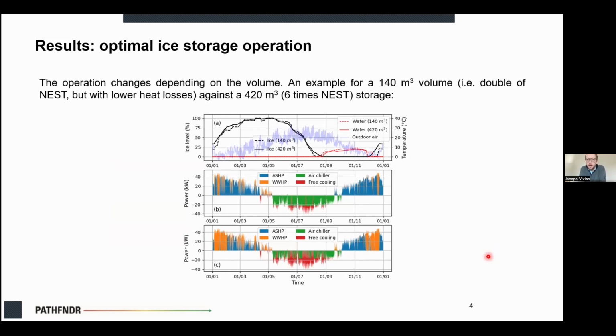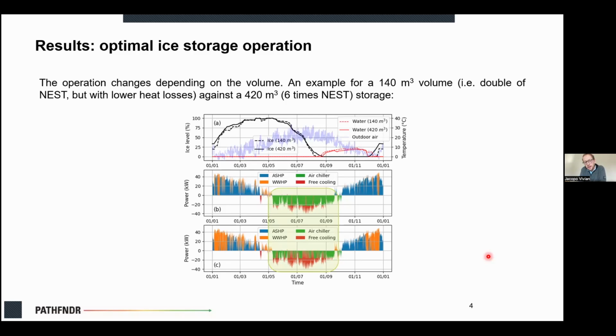We used it, but I think it is more reasonable to show you the numbers and the profiles for systems that are able to cover a significant amount of the cooling demand during summer. So here you can see how the ice storage works in an optimal way.